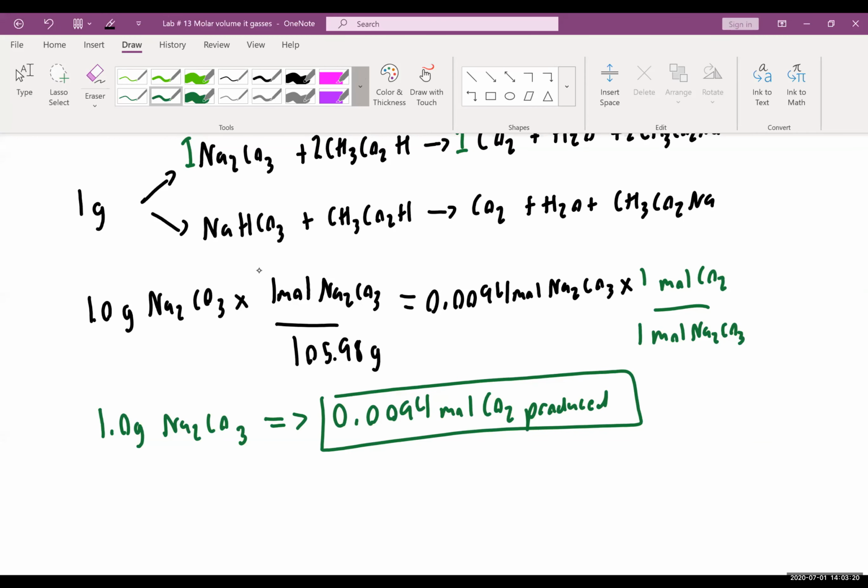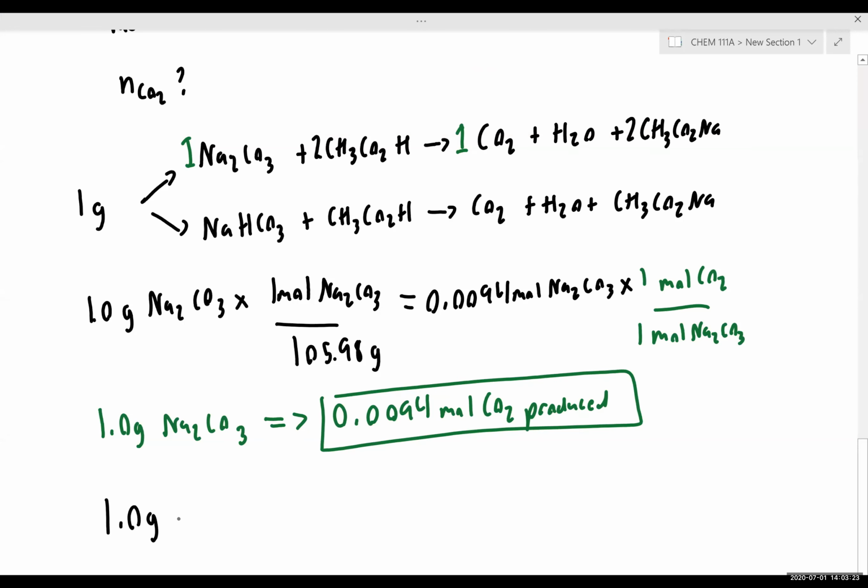We can repeat the same calculation for our 1.0 grams of sodium hydrogen carbonate. In this case, where 1 mole of sodium hydrogen carbonate is equivalent to, let me calculate the molar mass really quickly, 84.